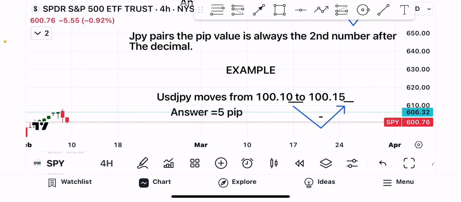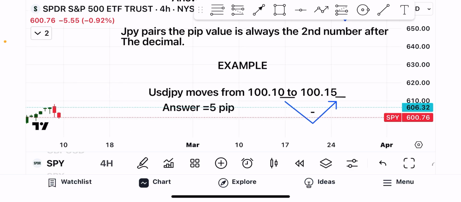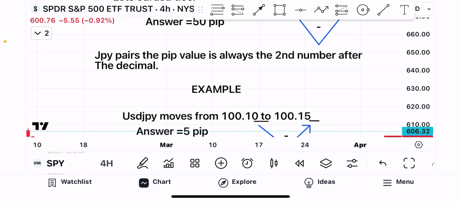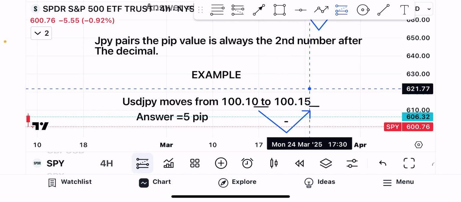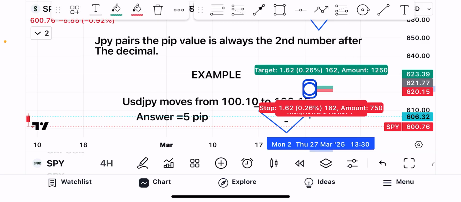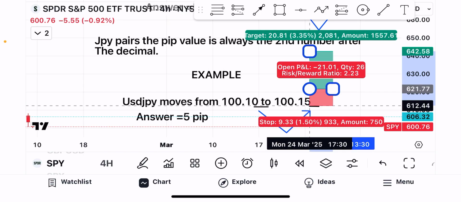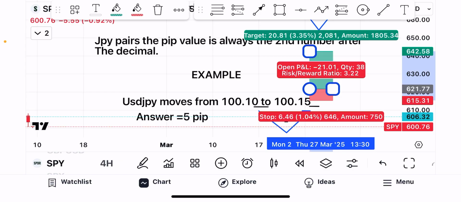The simplest way to do it, I will discuss it. You just use your ruler tool and do it. The simplest way, just use your ruler tool, or you use this thing here. This is a measure tool. This thing measures for you. So if you want to go from here to here, you look at this place where they wrote target.